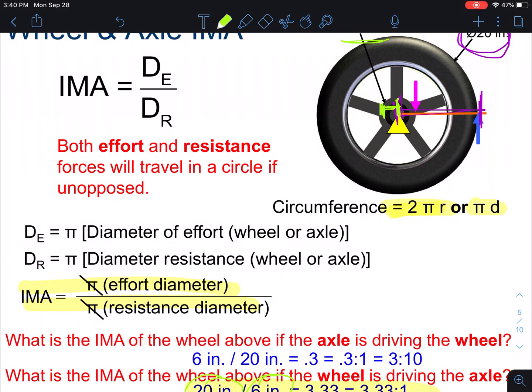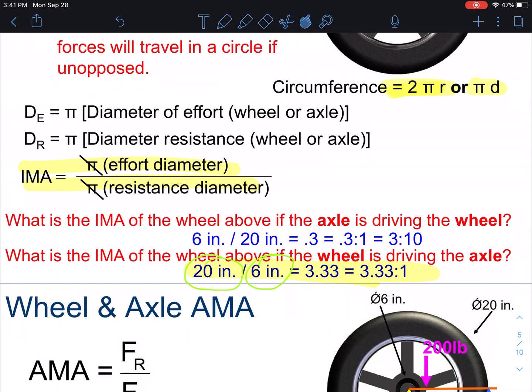I'm making a mark on the wheel if you haven't noticed. From here to here, this distance is the radius of the wheel, and then the small one's the radius of the axle. So we've got 20 compared to 6, but if we doubled that to get the diameter, we would have 40 compared to 12. Well, 40 to 12 is going to give you the same answer, 3.33. So that's our answer for that one.